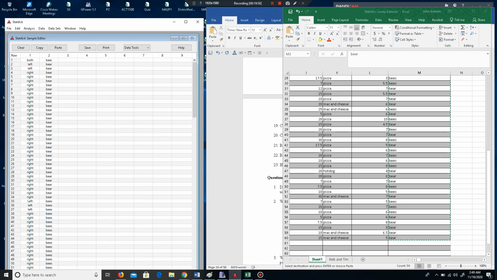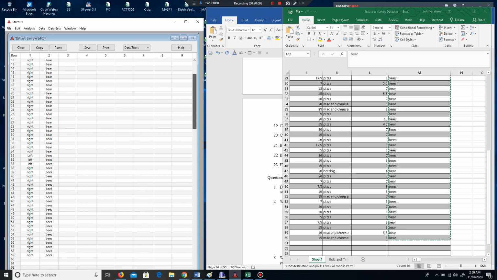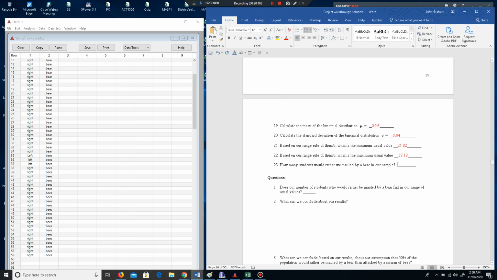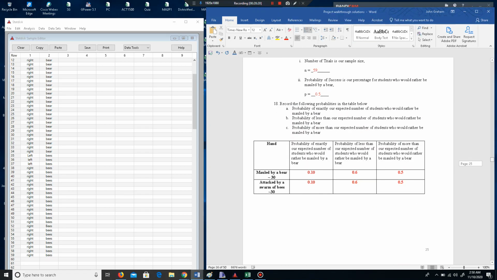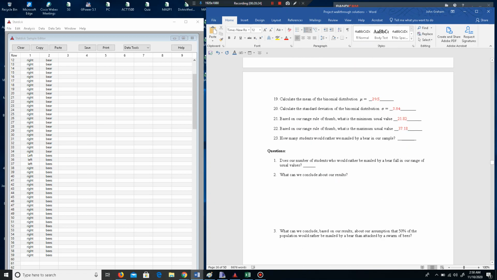So bear all the way down to 34, and then bees all the way to the end. All right, so 34 bears, bees is 35 and down. What was our success that we were looking at? Being mauled by a bear. So we had 34 people who would rather be mauled by a bear.